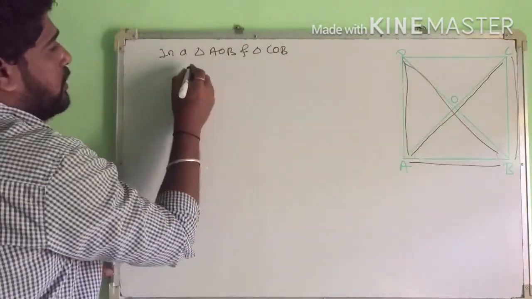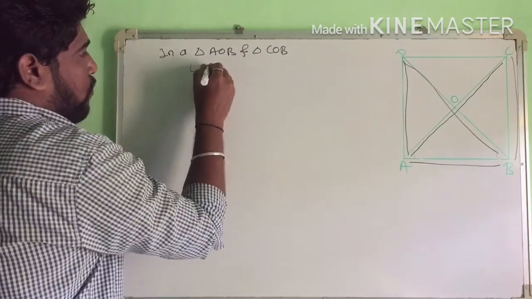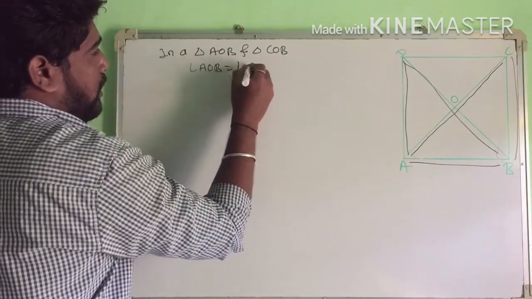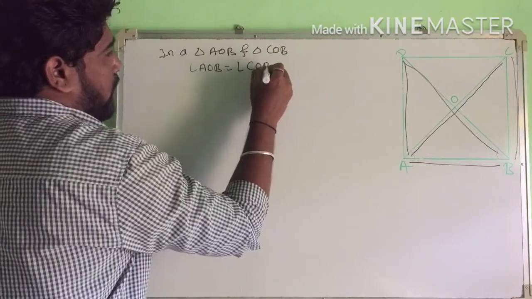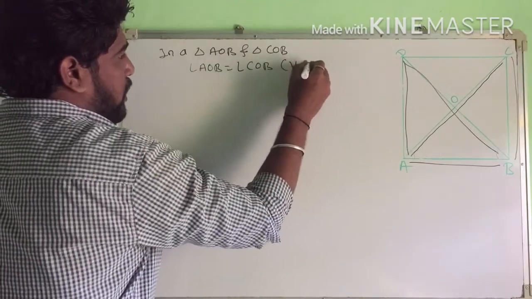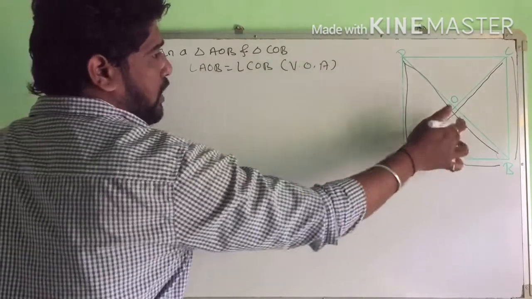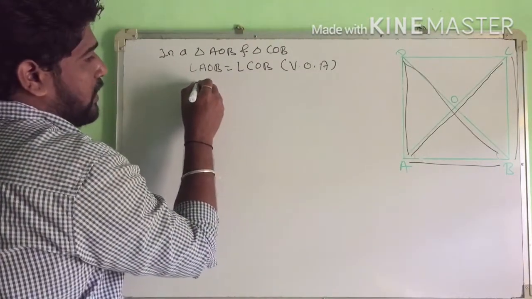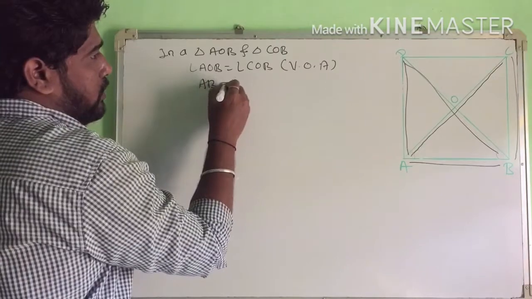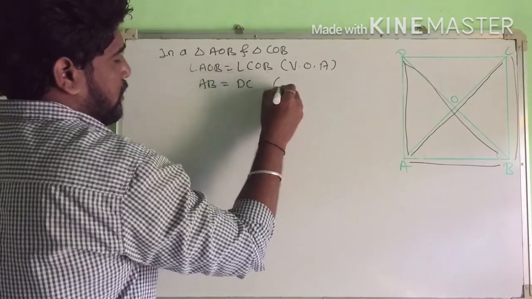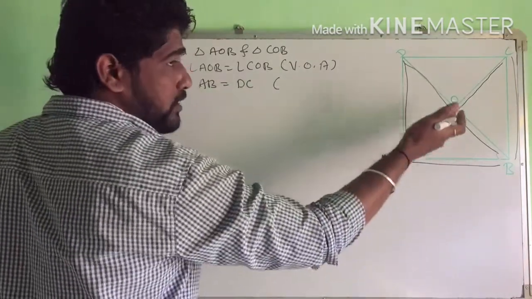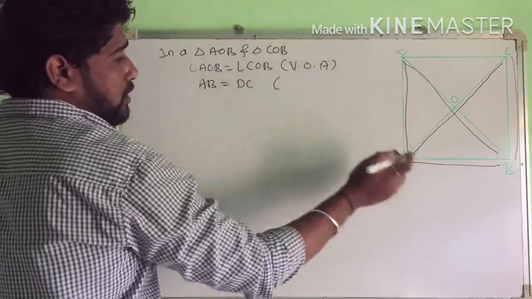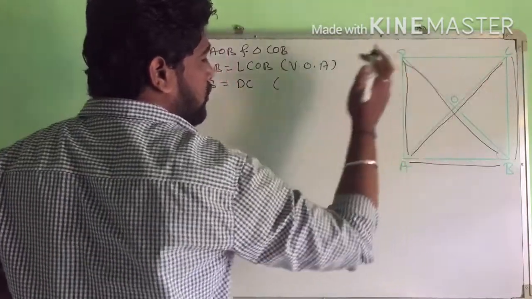In these two triangles, angle AOB is equal to angle COB, because vertically opposite angles are equal, and AB is equal to DC. In a square, all sides are equal, right? That means AB is equal to DC.